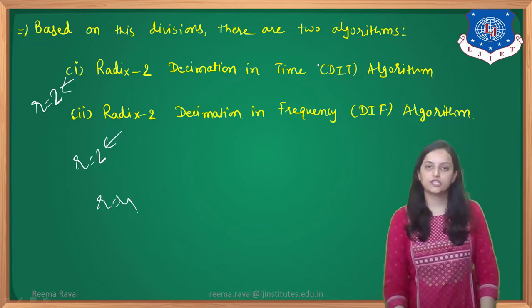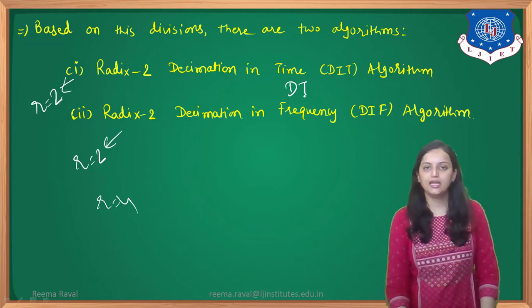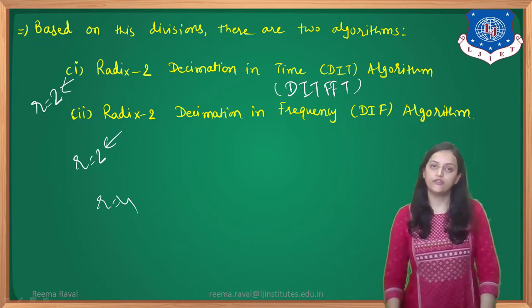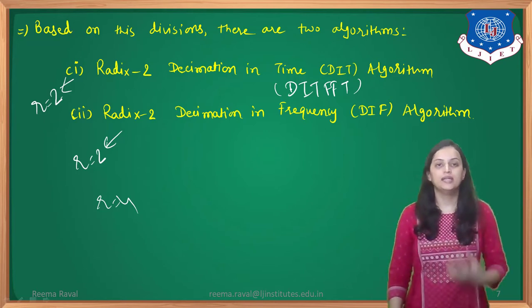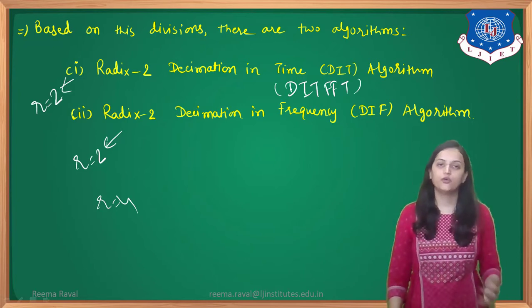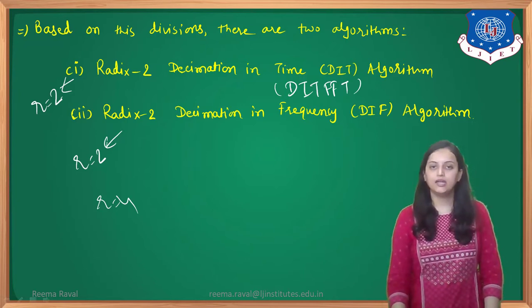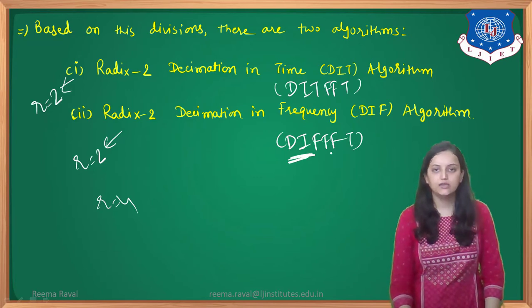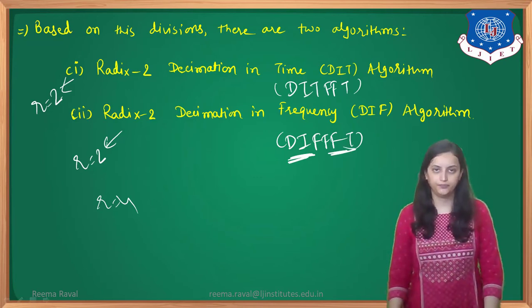Radix 2 decimation in time stands for the DIT-FFT algorithm. So whenever it is asked in your exam to obtain the DIT-FFT algorithm, it means the decimation in time fast Fourier transform. In the same way, DIF-FFT stands for the decimation in frequency fast Fourier transform algorithm.